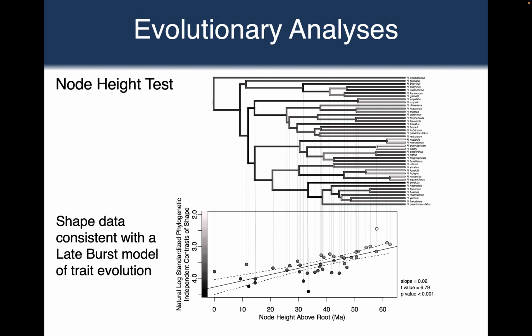I'm not really sure quite what to make of it. Some people have suggested that maybe this is some sort of multi-optima OU type situation where clades or taxa are still moving towards their optima, multiple optima.